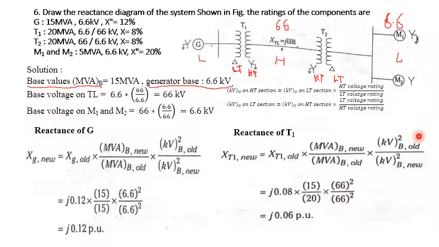For simplicity we are considering the HT side rating of the transformer, that is kV base old value, which they have mentioned in the numerical, it is 66. What we got after doing the calculation is also 66. 66 by 66, I got 0.06.